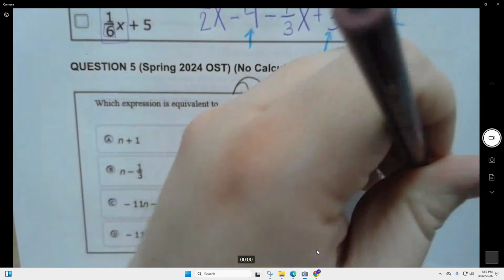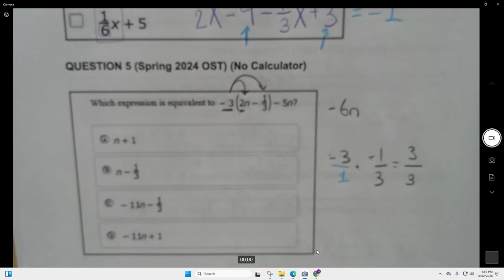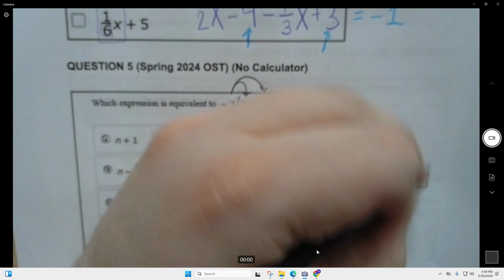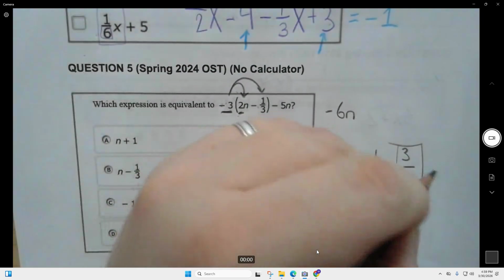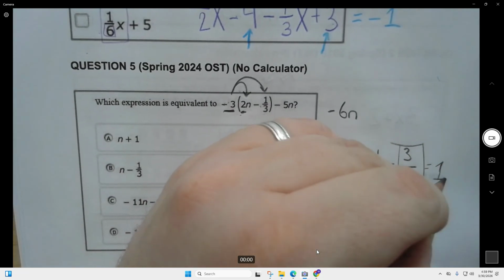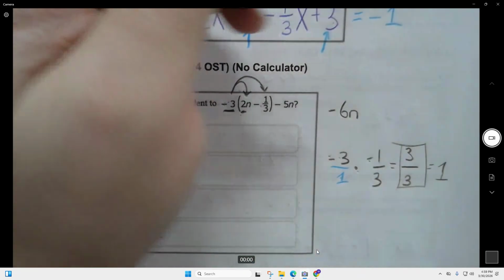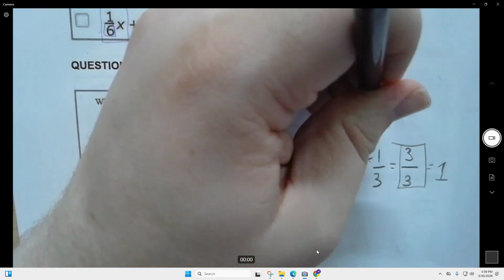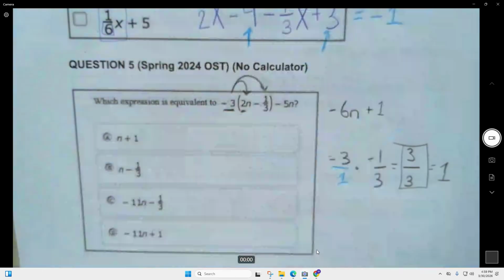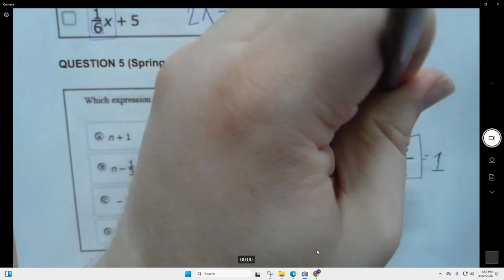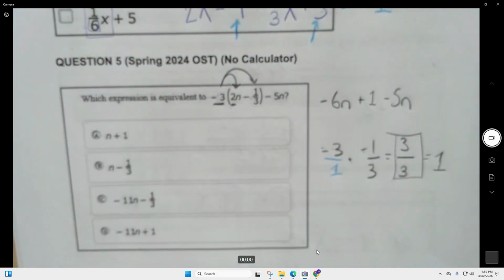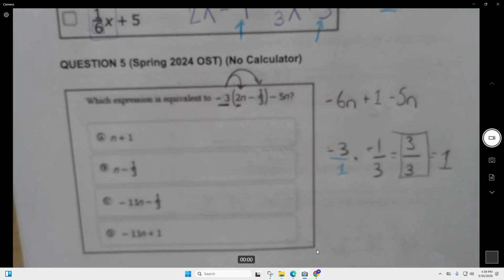Over 1 times 3 makes 3. Anything over itself, 3 divided by 3, always makes 1. So this is -6n plus 1 minus 5n. All right, so where are we at?